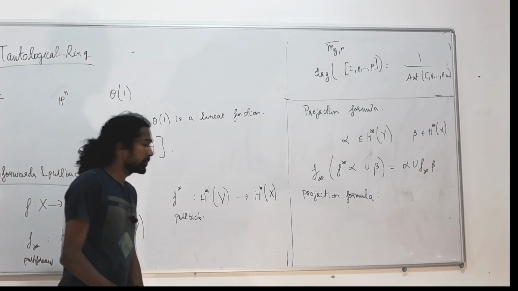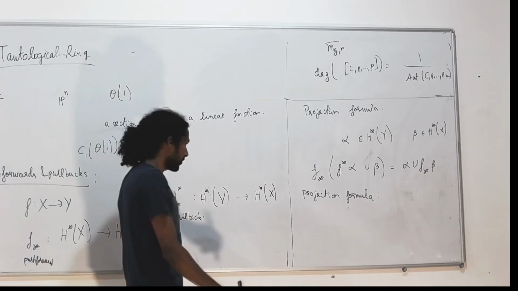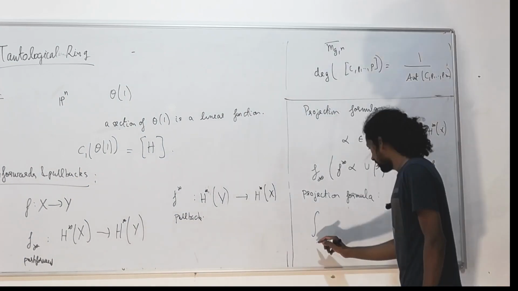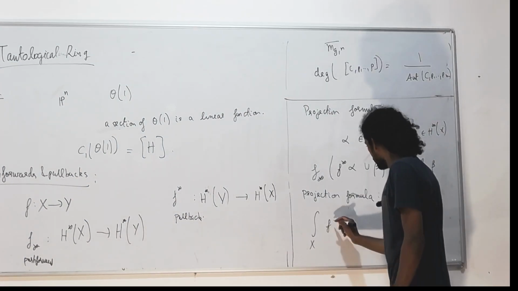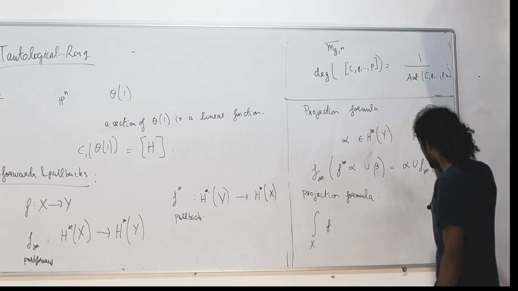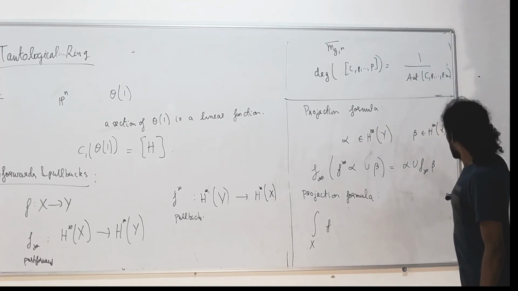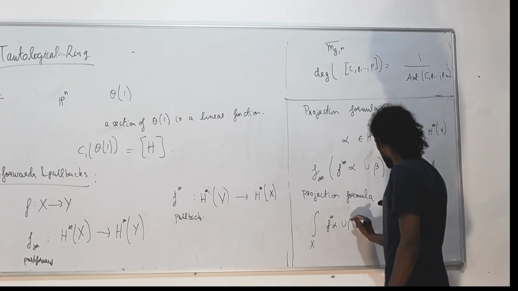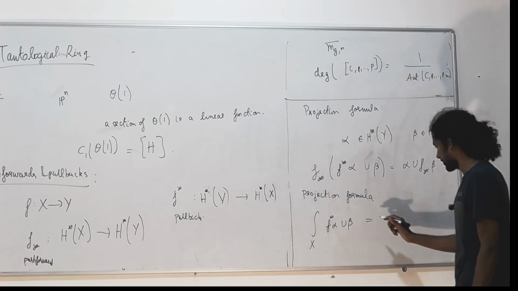Okay, and we will use this to compute intersection numbers in the following way. For example, if I have an integral of f upper star alpha cup beta, the projection formula implies the following thing.